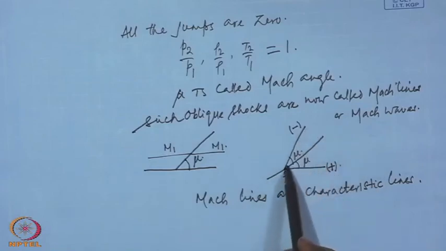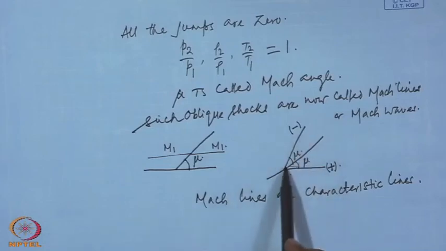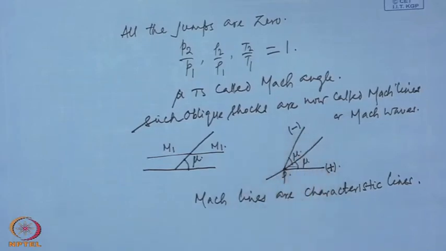The plus set runs to the right of the streamlines and is called the right running characteristics, and the minus set runs to the left of the streamline and is called the left running characteristics.